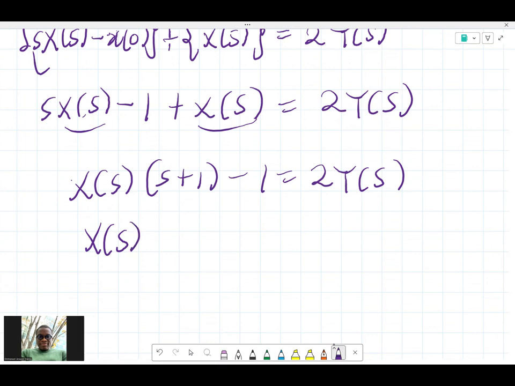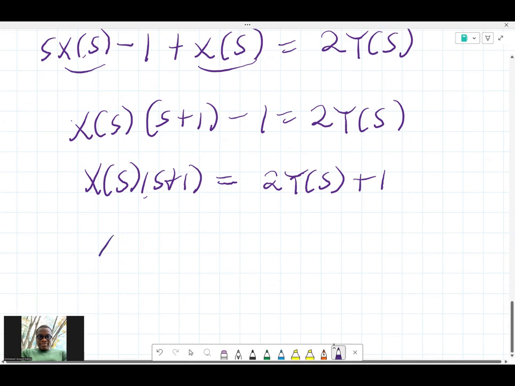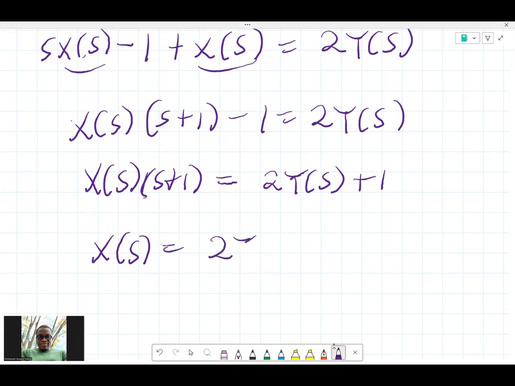So X(s) times (s plus 1) is equal to 2Y(s) plus 1, so that X(s) can now be equal to (2Y(s) plus 1) all over (s plus 1).